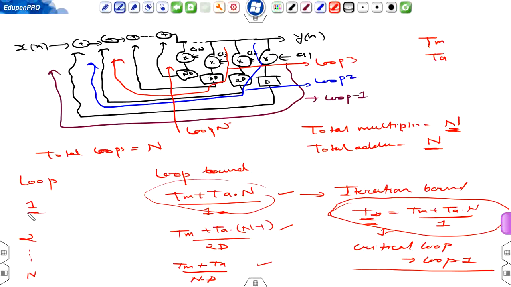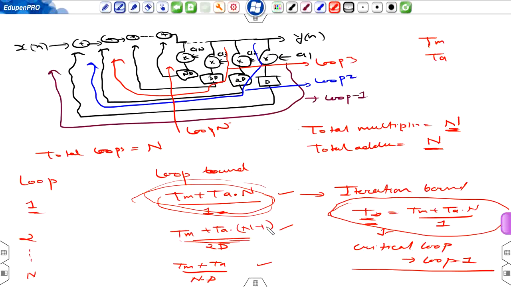Okay, so if this loop is eliminated from the circuit, the next loop, that is loop 2, has a loop bound of (Tm plus Ta times (n minus 1)) by 2D, that is definitely less than the value of loop 1. So if I eliminate loop 1 from this circuit, loop 2 has a lower loop bound, and from the remaining loops this will be the maximum loop bound value.